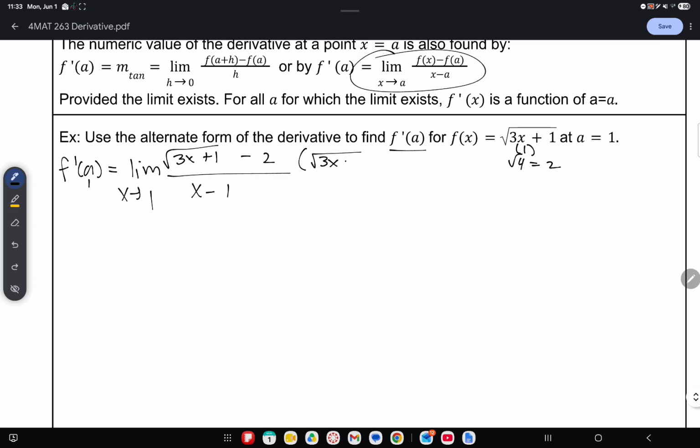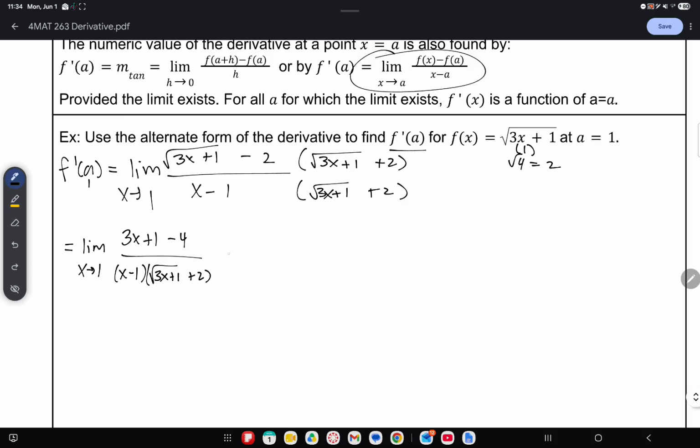So the square root of 3x plus 1 plus 2, multiply that in the numerator and denominator. All right, so the top will have 3x plus 1, and then we'll have minus 4, all over x minus 1 times square root of 3x plus 1 plus 2.